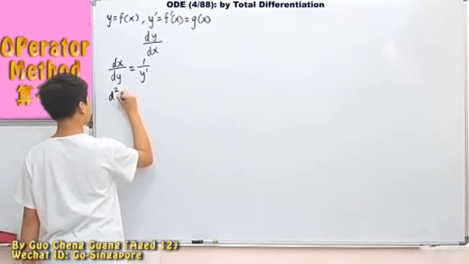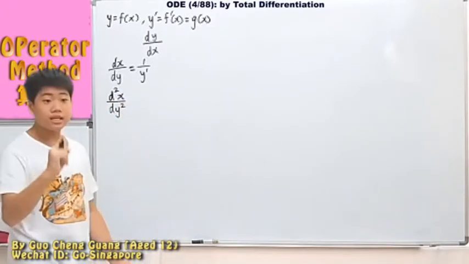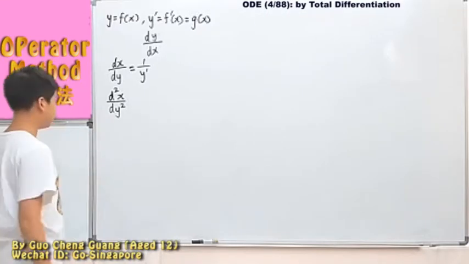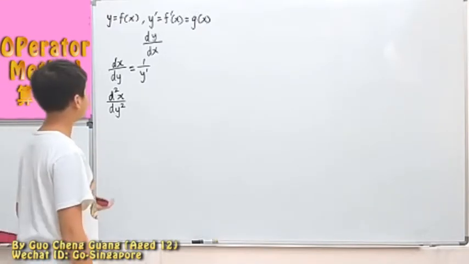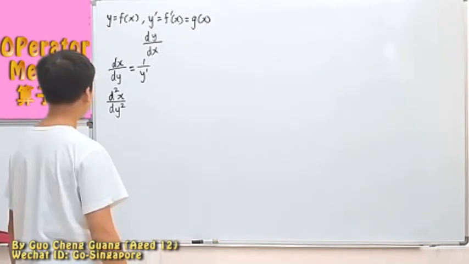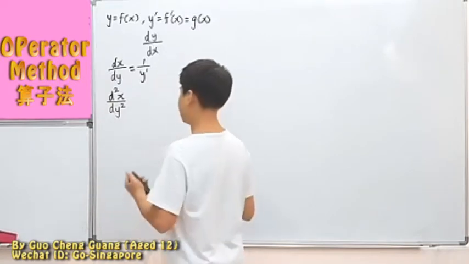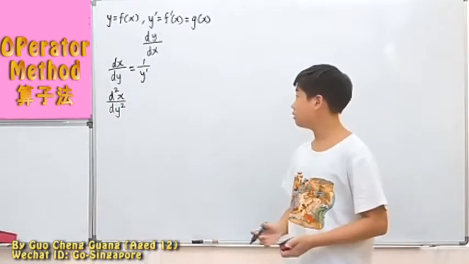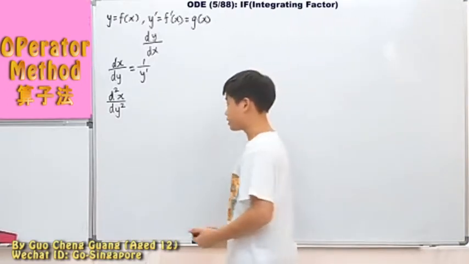What if I ask, because that is the first derivative, then the next step is the second derivative. This second derivative, what can it be? How do I find the second derivative? Is it like, you just differentiate this with respect to y again? Oh wait, y prime is with respect to x.